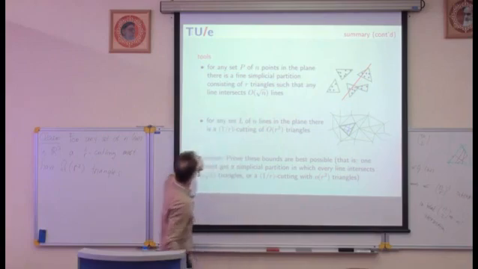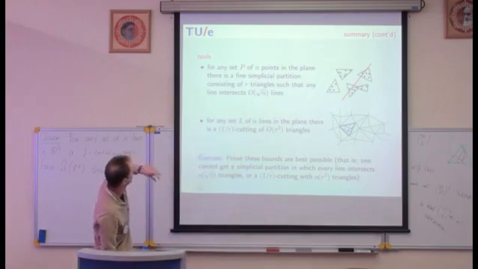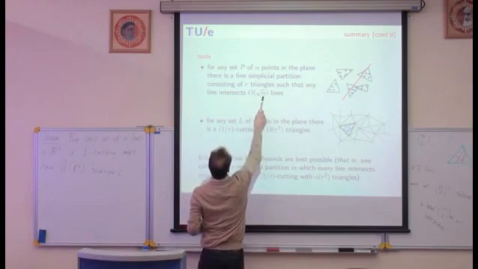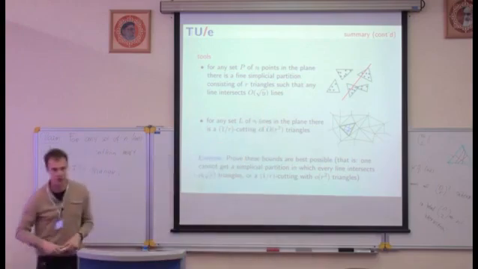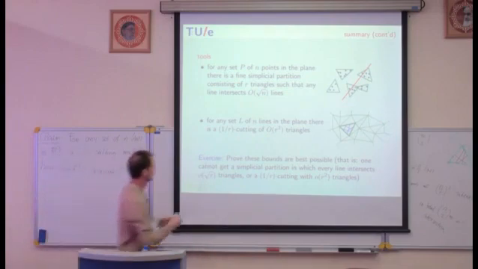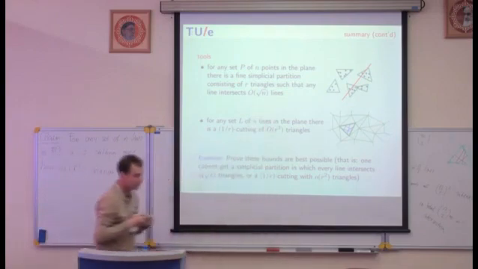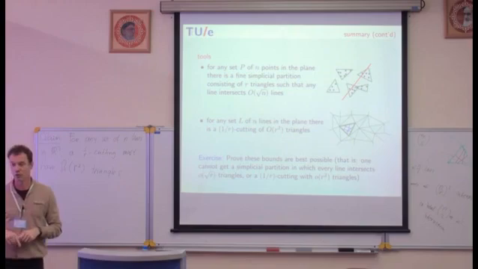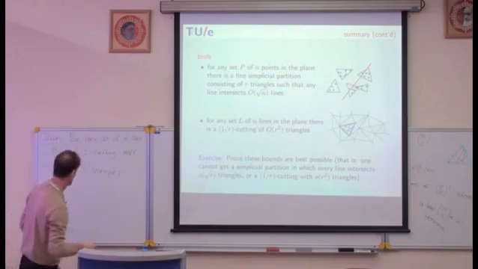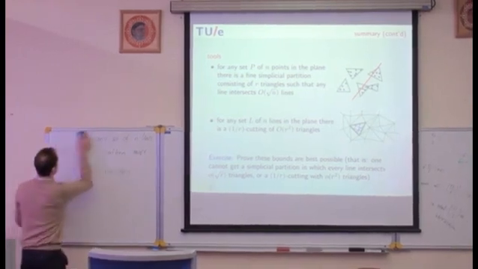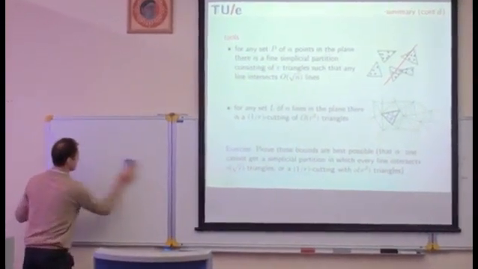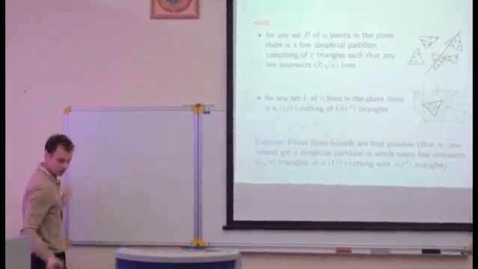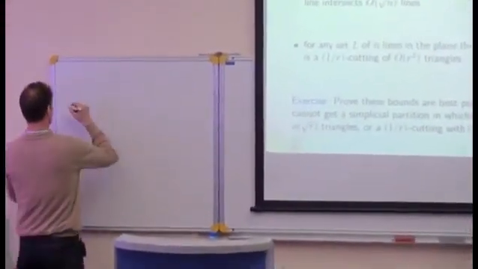So here, this should be r. I should change my slide here. So maybe I can write. Here, actually, for some point sets, you can do a lot better than this square root of r. So let me give you an example. So let's say my point set looks like this.